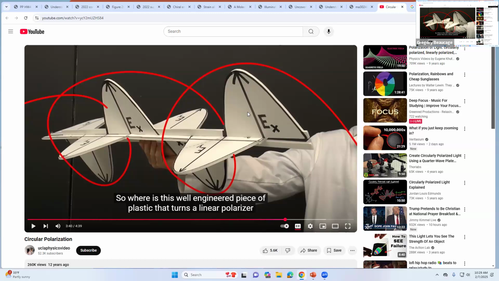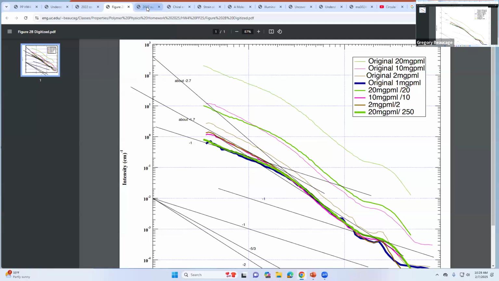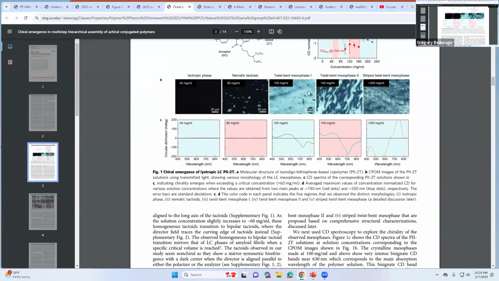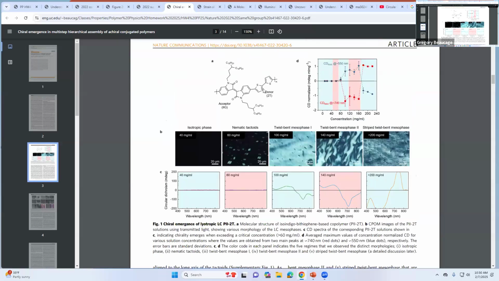And you don't normally see this except in biomolecules and handed molecules, which are always made the same way. So that's why they're starting with a non-chiral, non-handed molecule, and they end up with a chiral structure coming out of the self-assembly, which is kind of interesting.